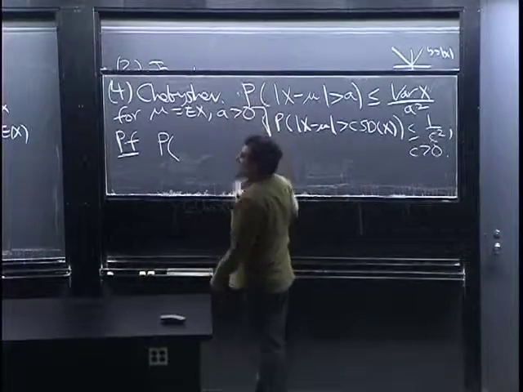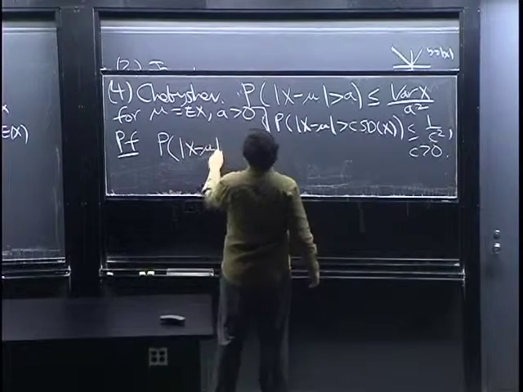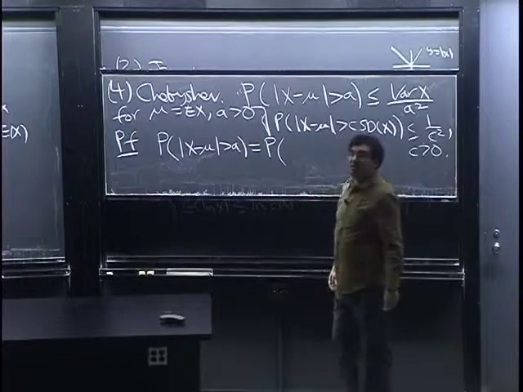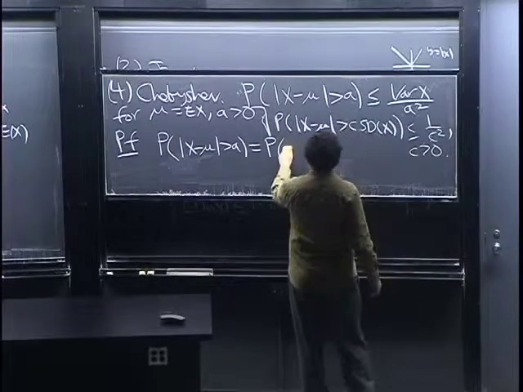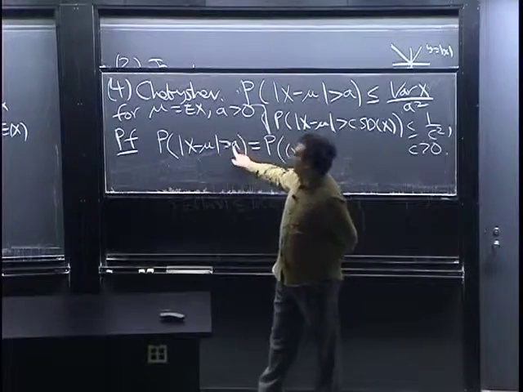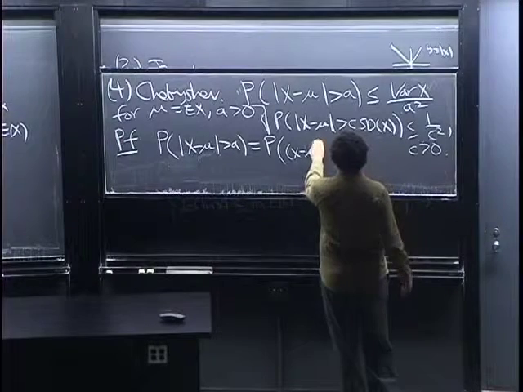So to prove this first line, let's use Markov's inequality and do one step first, which is to square both sides. Since this is a non-negative random variable and this is a positive number, it's an equivalent event if we square both sides.